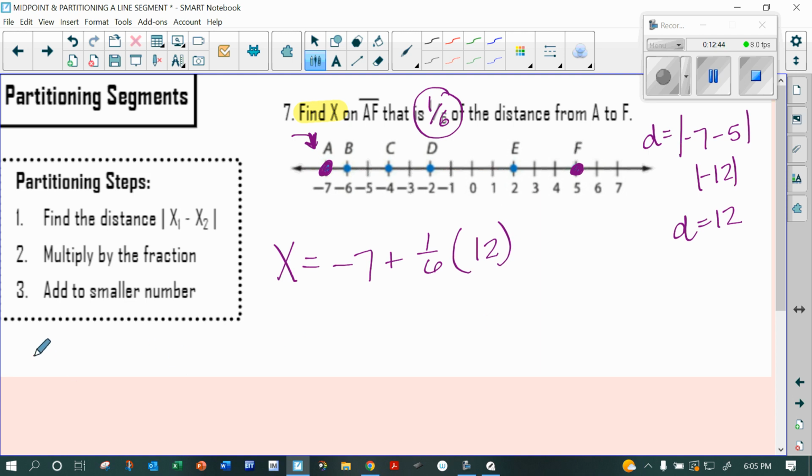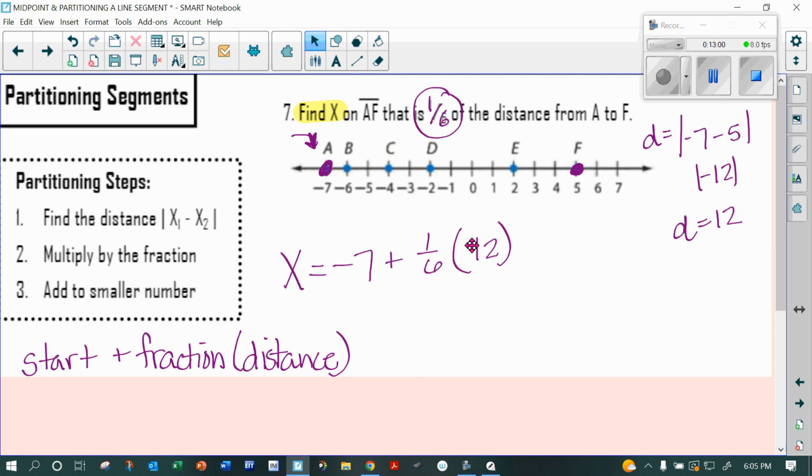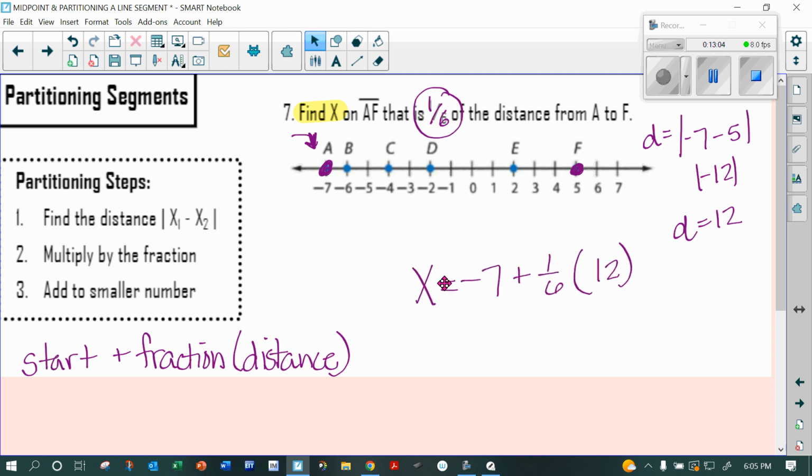So always think of it as start plus your fraction times your distance. I'm going to need to move this out of the way because I did not plan this very well. So there we go. So I'll move it over there.